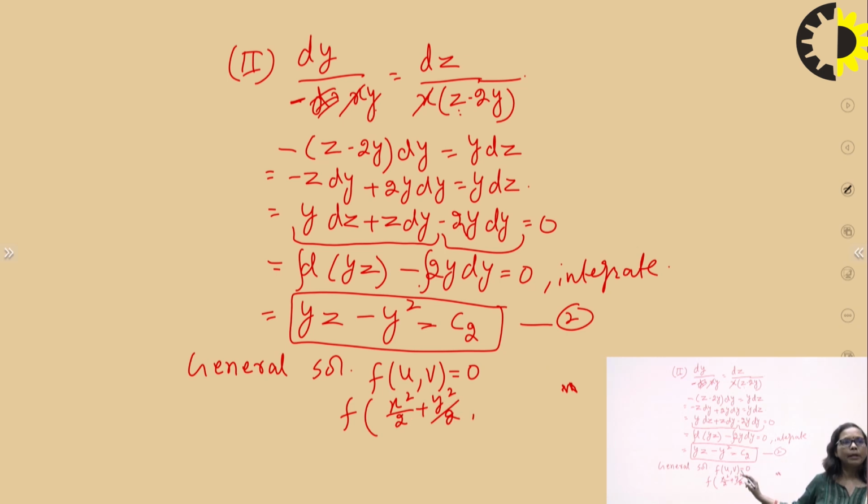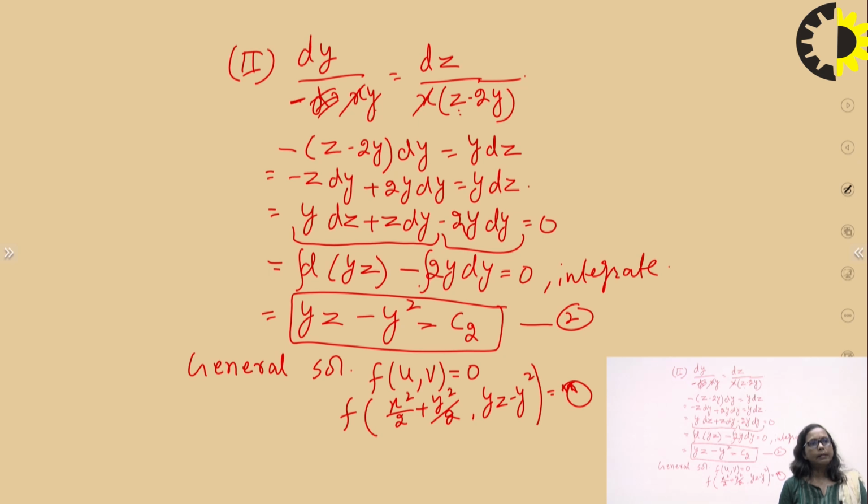What is v? v is my second independent solution, yz minus y square equal to 0. So this is my final complete solution for the first order linear equation by using the Lagrange method. What we have done in this, we have used the grouping method to find both the independent solutions. So this is my first example.